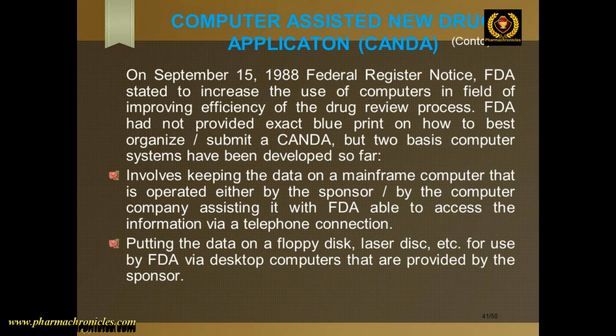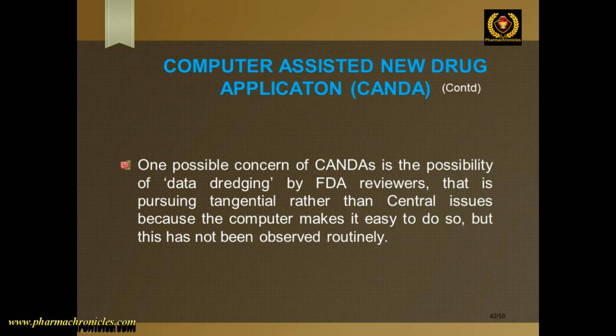The other involves putting the data on a floppy disk, laser disk, etc. for use by FDA via desktop computers that are provided by the sponsor. One possible concern of CANDAs is the possibility of data dredging by FDA reviewers, that is pursuing tangential rather than central issues because the computer makes it easy to do so, but this has not been observed routinely.